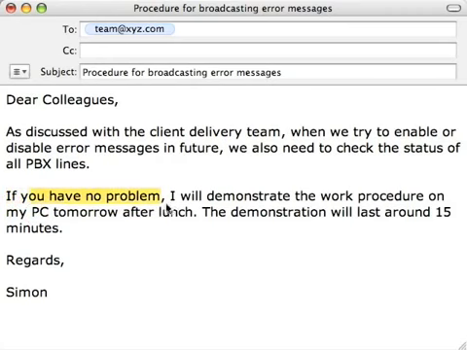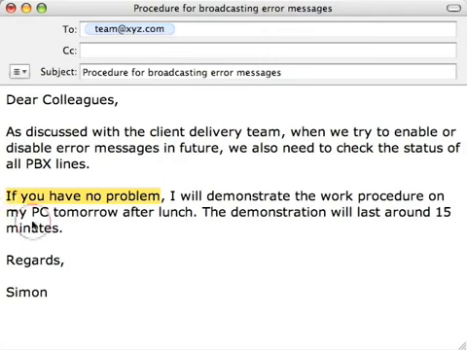I think we should change this introductory phrase, "if you have no problem." Remember, we want to avoid using negative words like problem, if we can help it. Instead, let's try to stress the positive aspects of this sentence. Simon wants to help his colleagues solve a problem, and he wants to make things as easy as possible for his colleagues.